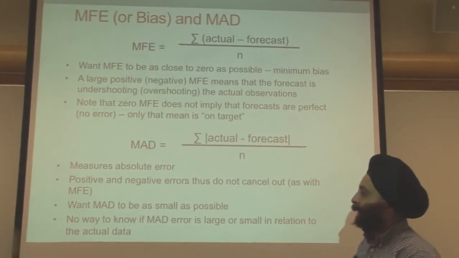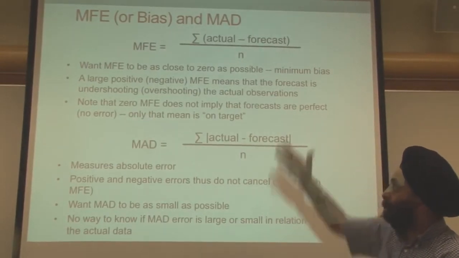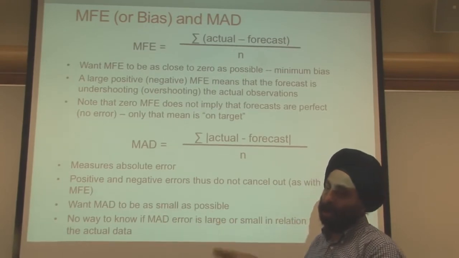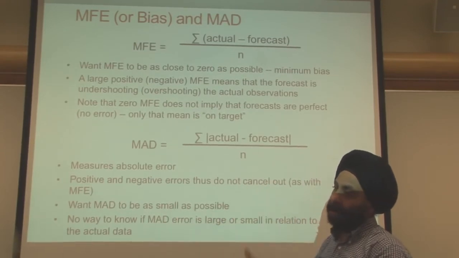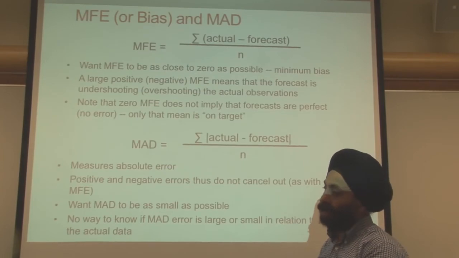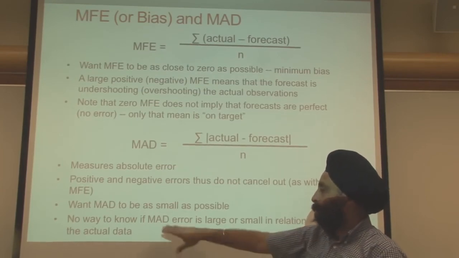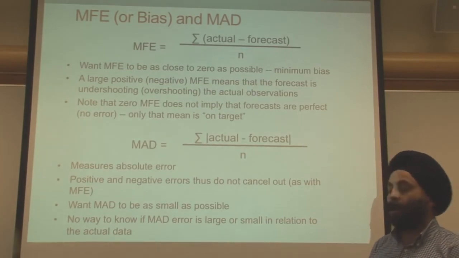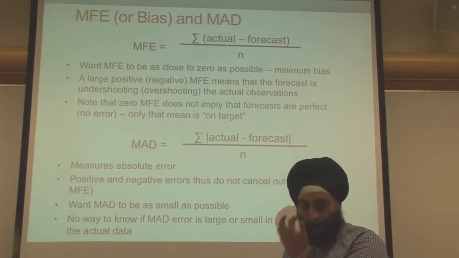So this measures the absolute error. So positives and negatives do not cancel out as with MFE. So in this case, you do want MAD to be as small as possible, because the larger the number, the more deviation it is recording. But there is no way to know if MAD error is large or small in relation to actual data.